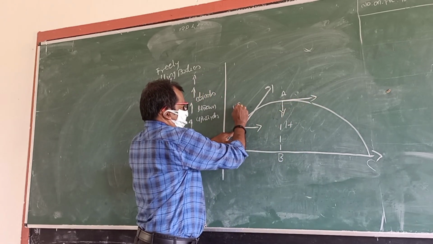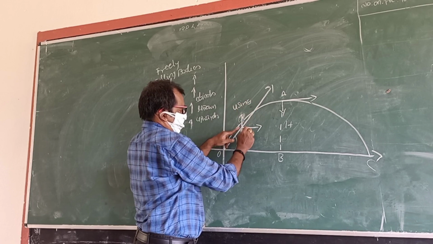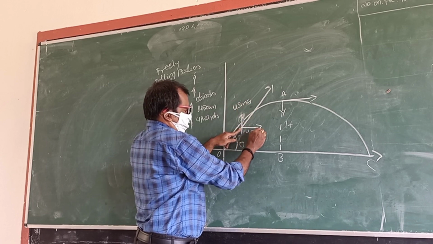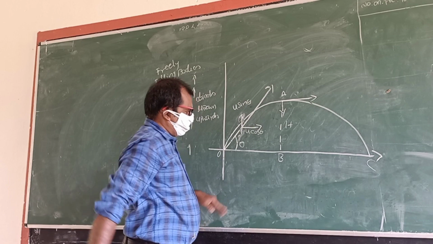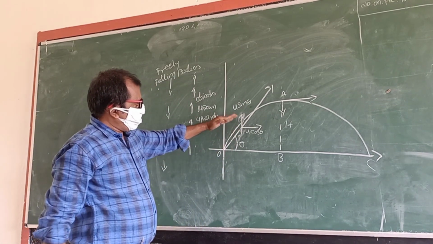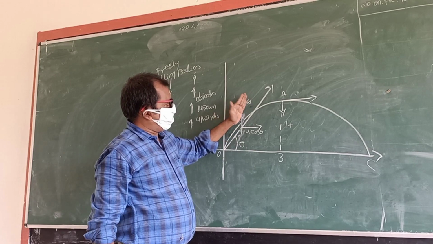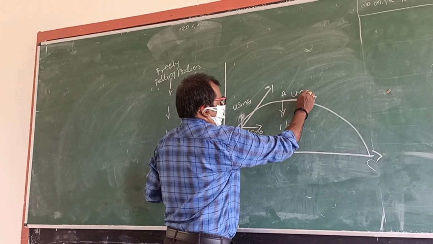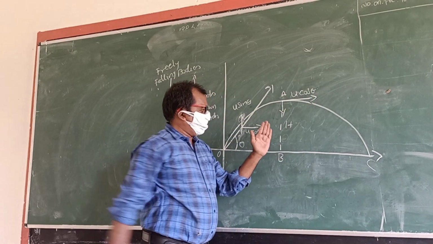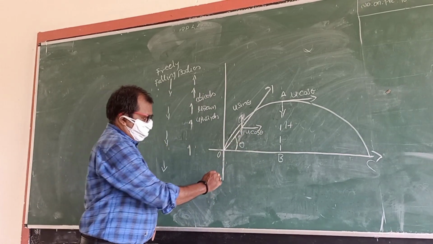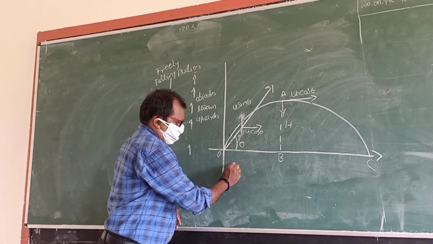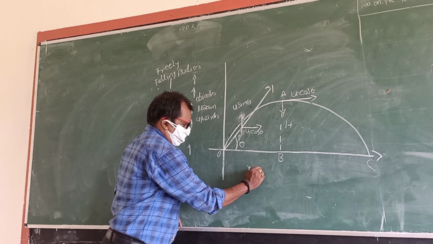After crossing the point A, it goes on increasing. The horizontal component of velocity is u cos theta and the vertical component of velocity is u sin theta. So once the object is projected in a slant direction, u cos theta is the horizontal component of velocity.